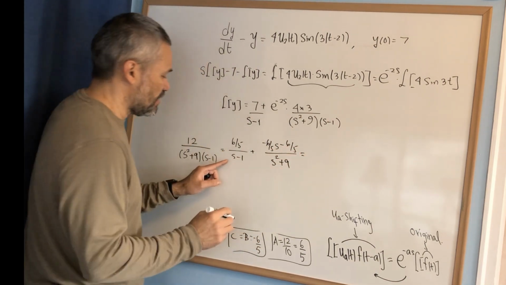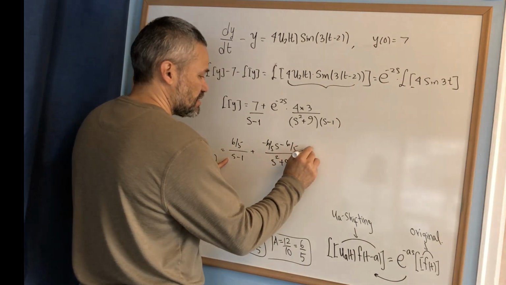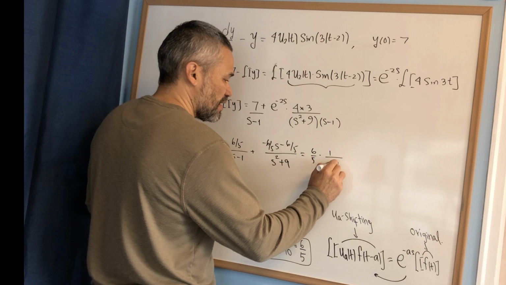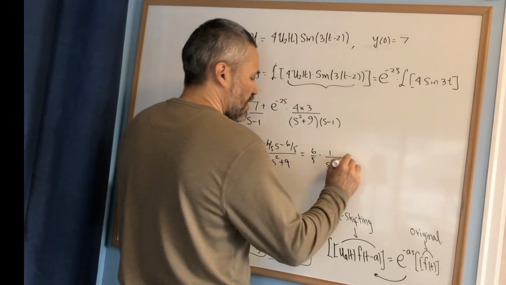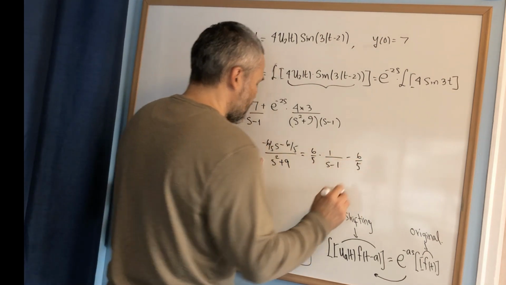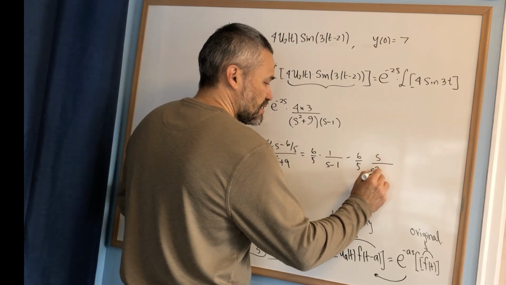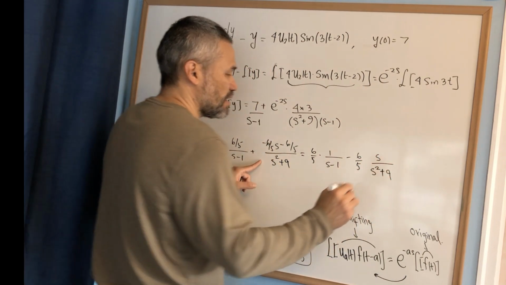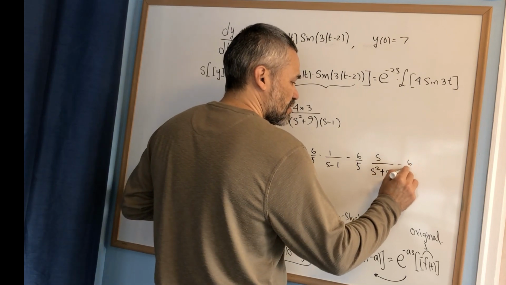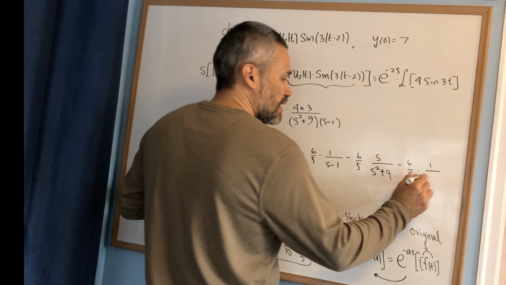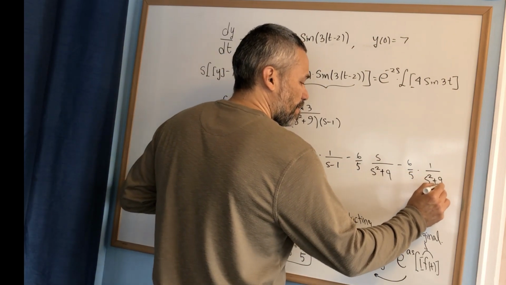This part here, let's rewrite it. This is 6 over 5 times 1 over s minus 1, minus 6 over 5 times s over s squared plus 9, minus 6 over 5 times 1 over s squared plus 9.